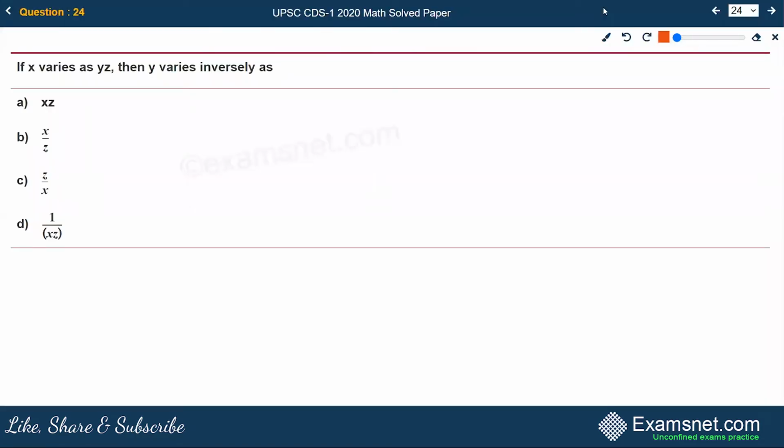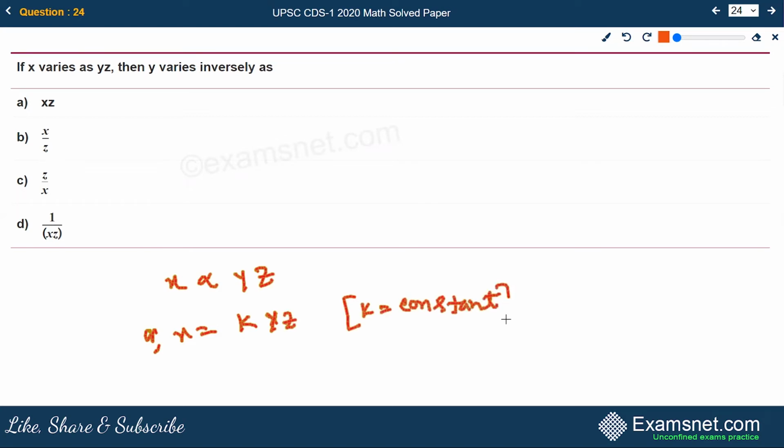In question number 24, we are given that x varies as yz, then y varies inversely as what. Since x varies as yz, x equals k yz, where k is a constant.